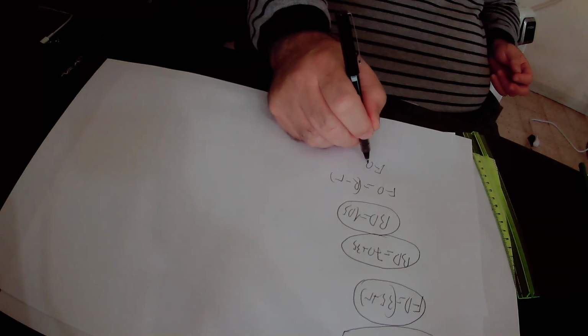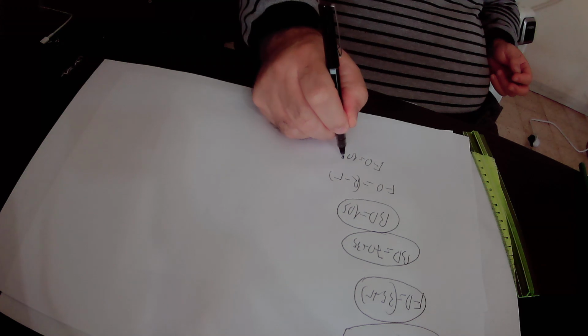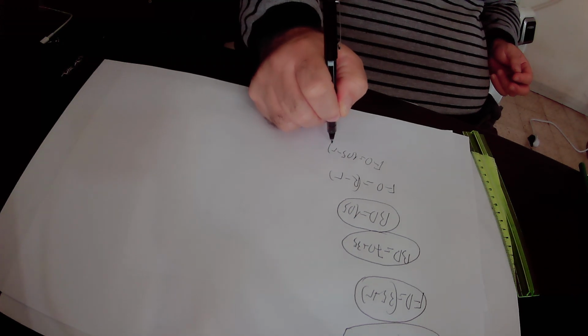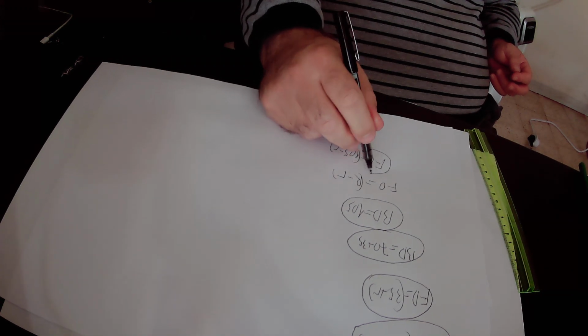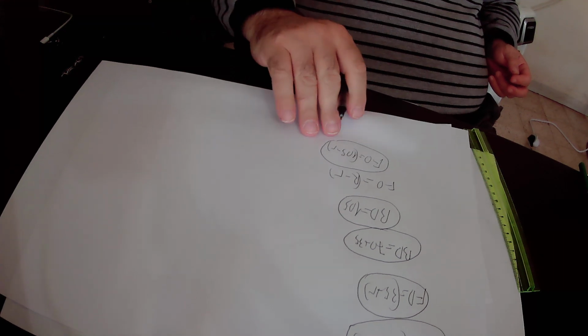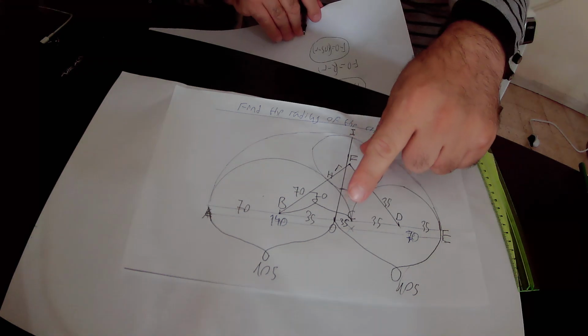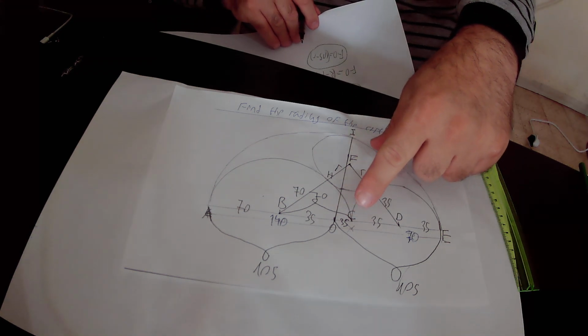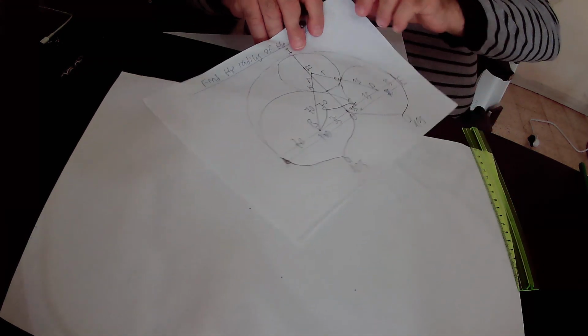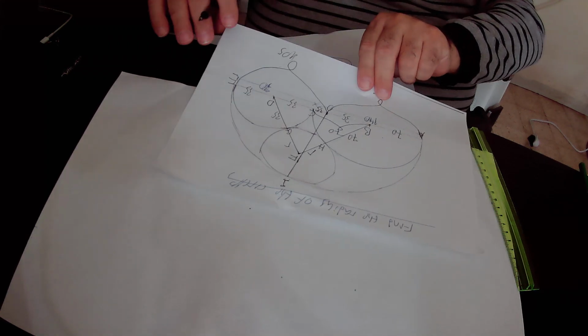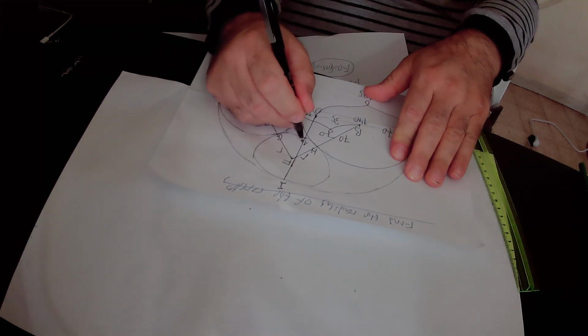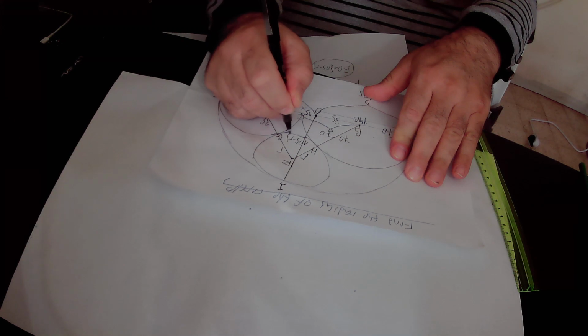Capital R is 105, so it is 105 minus r. In conclusion, the distance between the centers of this circle and the biggest semicircle, FO, equals 105 minus r units. So I write it down: FO equals 105 minus r units.